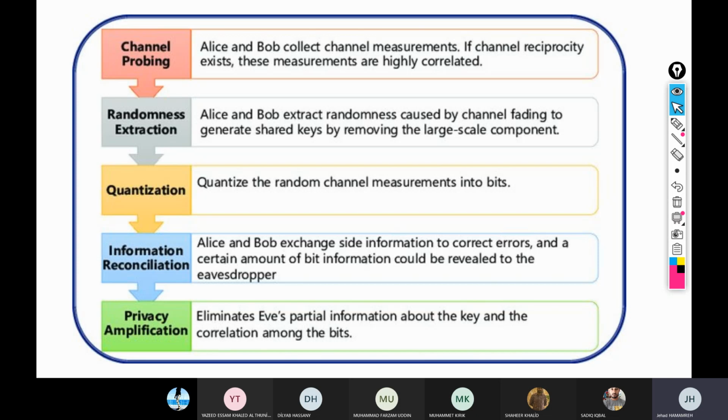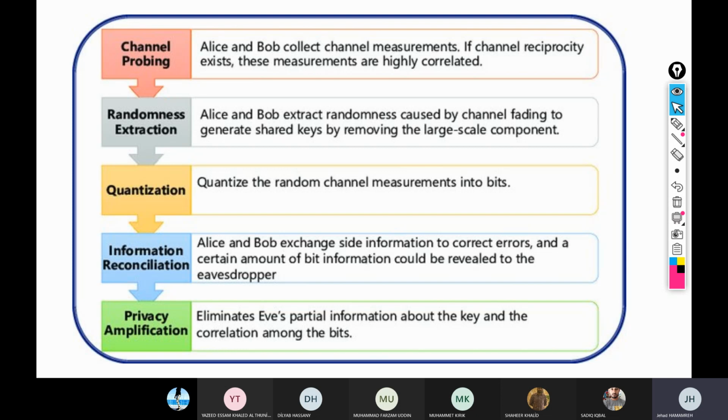And the second thing is you reduce the correlation between the bits generated subsequently. Because if you try to generate bits directly from the channel, it is usually correlated. It's not fully random. If you start just mapping your amplitude values to data bits based on the quantization levels you have, you will end up having, for example, 10 digits of value equal to 0, or 100 digits of value equal to 1.